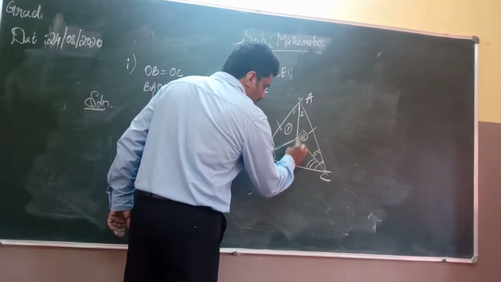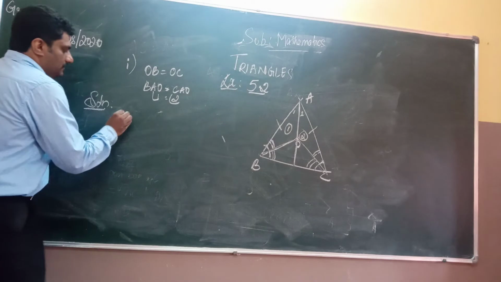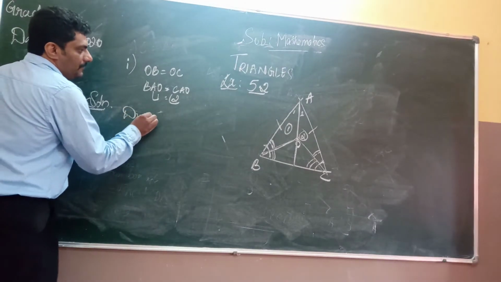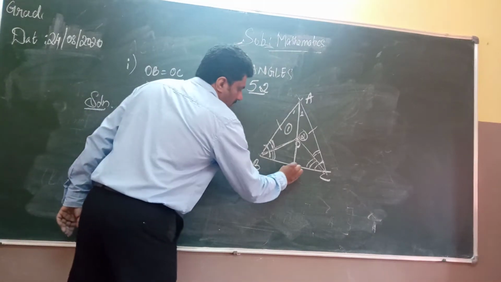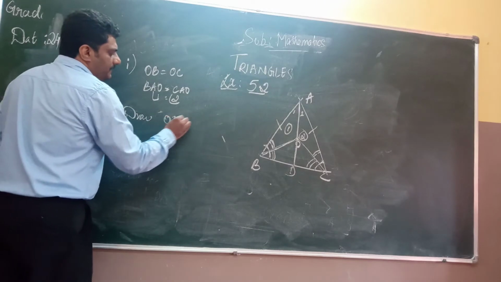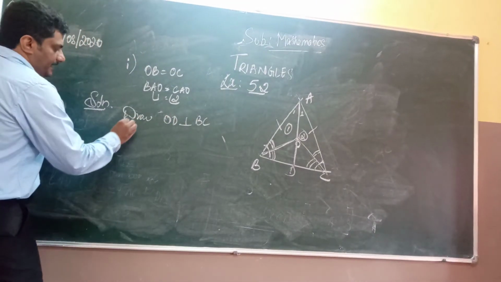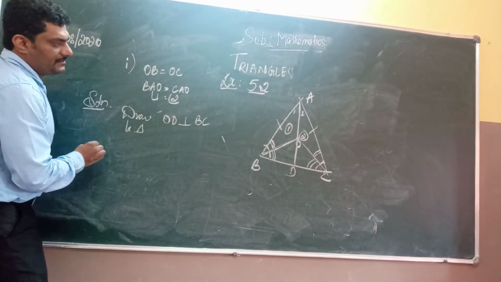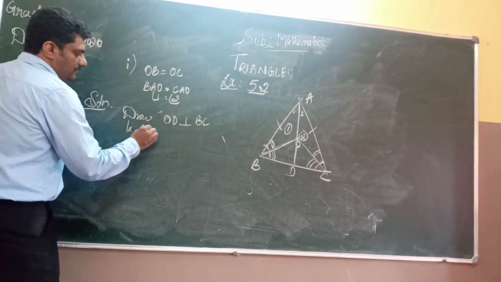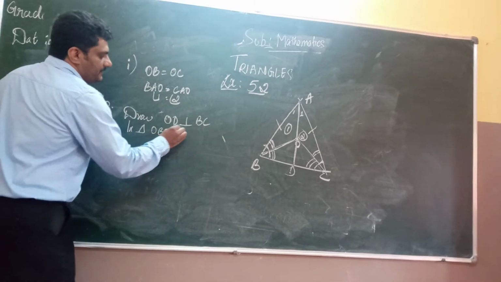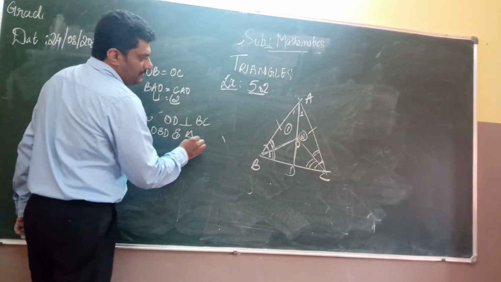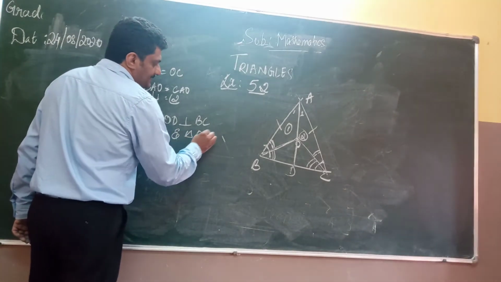So what we can do here is a construction. Draw OD perpendicular to BC. In triangle OBD and triangle OCD.